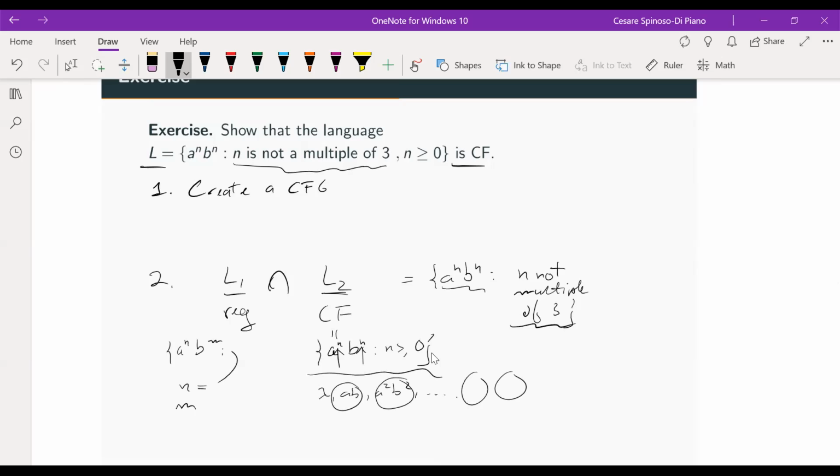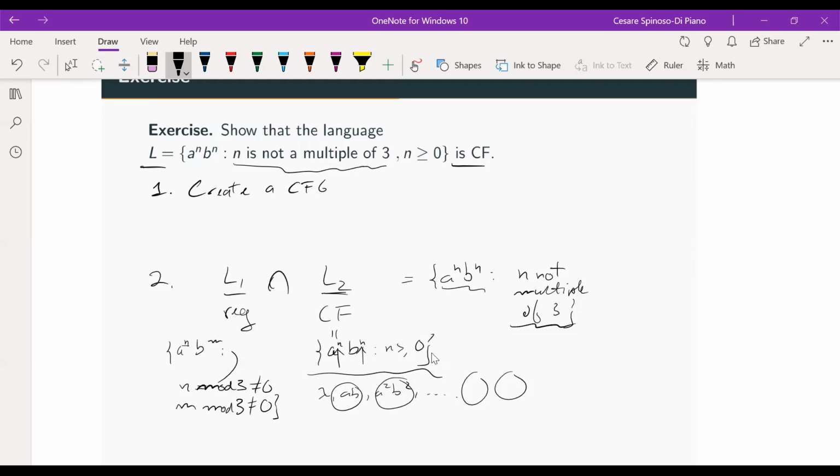So you want your a's to not be a multiple of 3. Someone wrote, n mod 3 is not equal to 0, and that's a nice way of writing it. And the same thing for m mod 3 is not equal to 0.